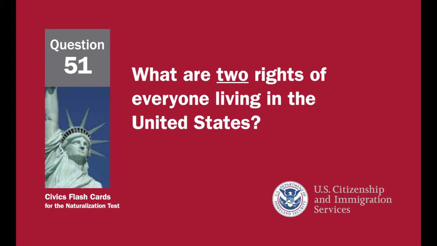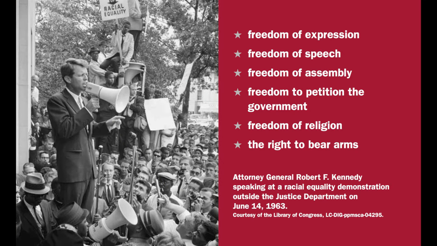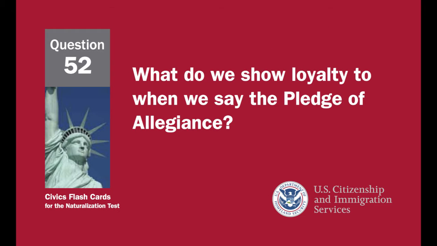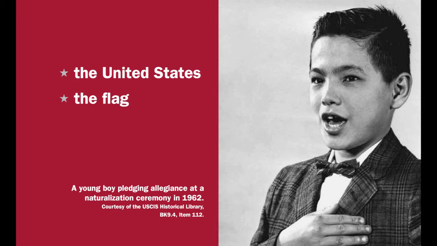What are 2 rights of everyone living in the United States? Freedom of expression, freedom of speech, freedom of assembly, freedom to petition the government, freedom of worship, the right to bear arms. What do we show loyalty to when we say the Pledge of Allegiance? The United States, the flag.